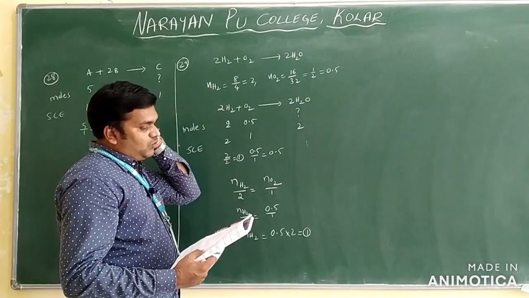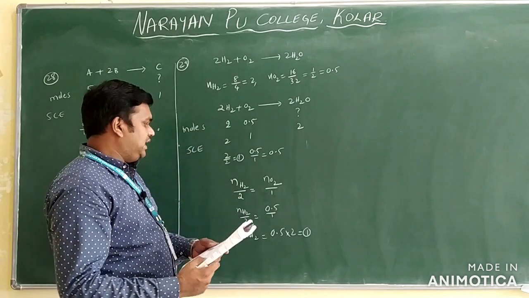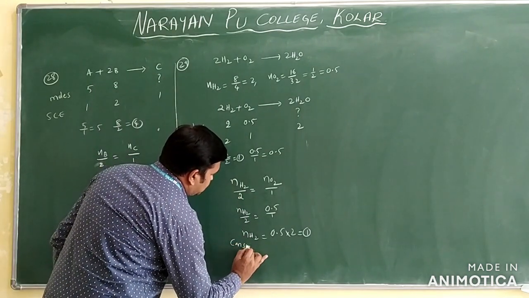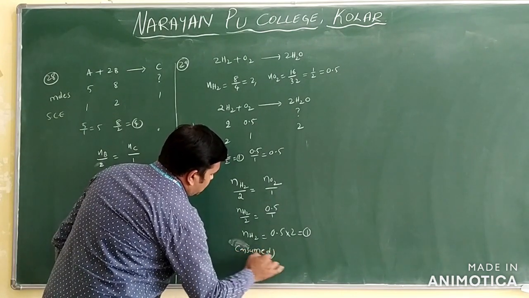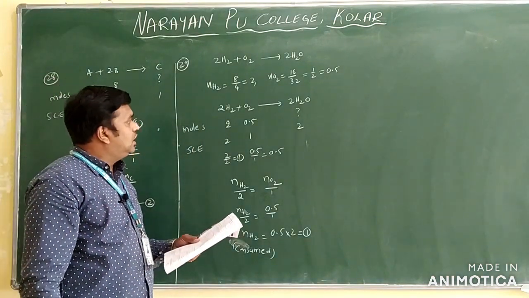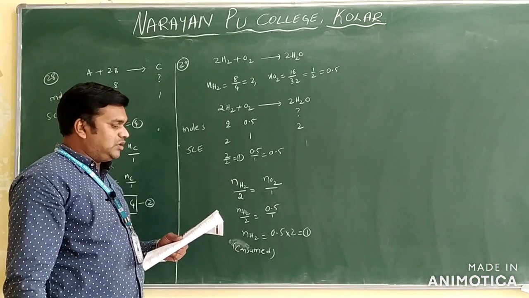Clear? But here what they ask me is the amount of H2 left in the reaction only. So this is consumed in the reaction. How many moles are consumed? 1 mole is consumed. Remaining, how many moles we have? 1 mole is there.